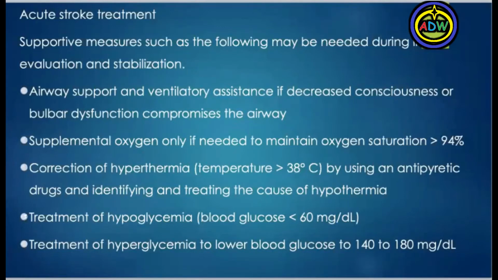Treatment of hypoglycemia if blood glucose is less than 60 milligrams per deciliter. Or if there is hyperglycemia, we have to lower blood glucose if it is high, up to 180 milligrams per deciliter. These are supportive measures. It does not mean therapy. It is supportive measures.